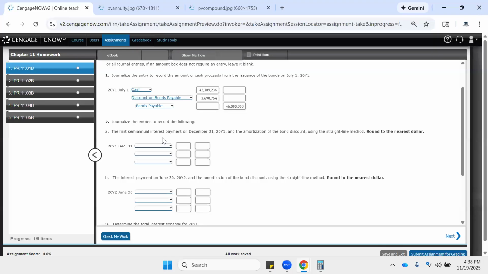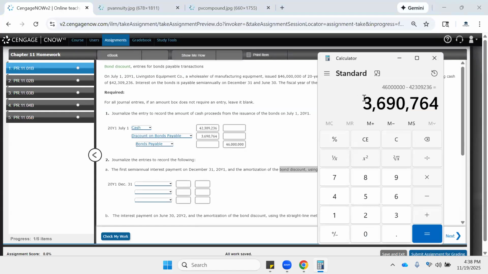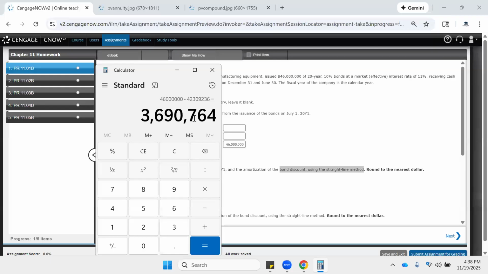Now we're going to journalize the first interest payment on December 31st, and we are going to use the straight-line method, which is not GAAP, but it simplifies the calculations for us in this homework problem. And how we are going to amortize the discount on the bonds payable is we are going to divide the 3,690,000 amongst all the payments that are going to be made over the course of the bond.